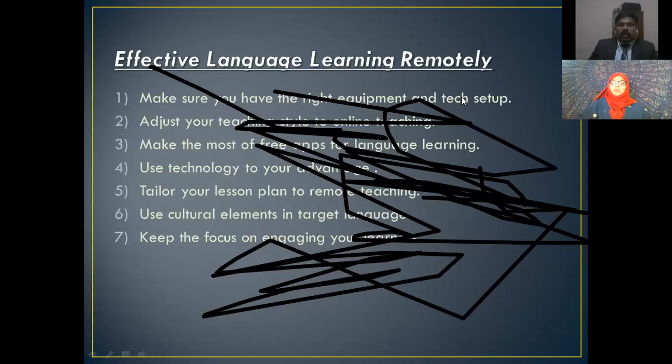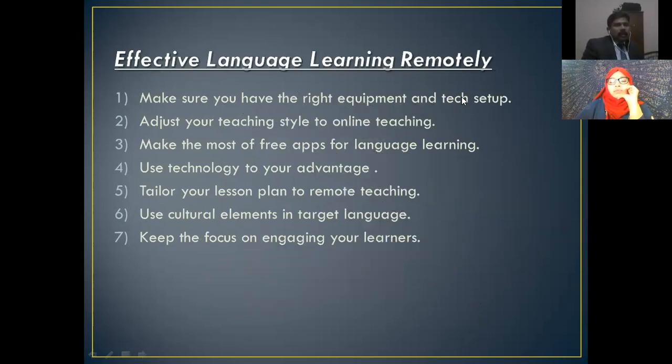Then the next thing, cultural elements in the target language. While we are giving classes in a particular target language, it will be better if you give some historical importance, historical things, cultural elements.